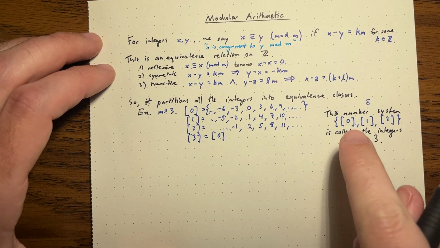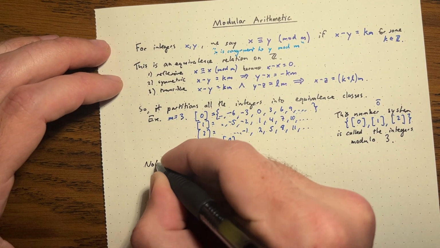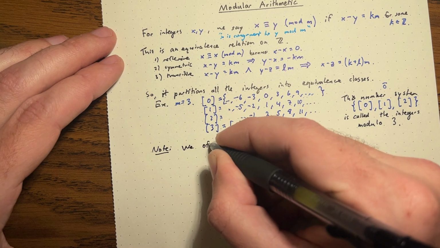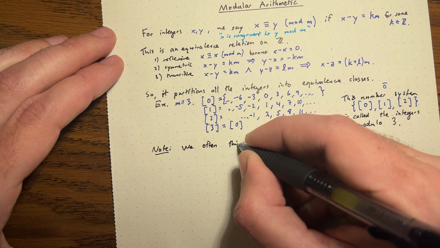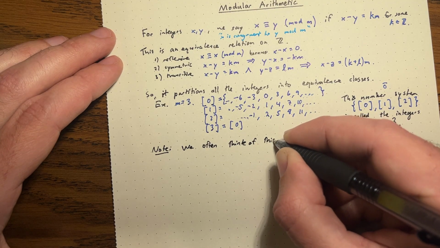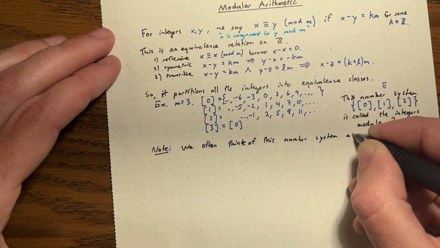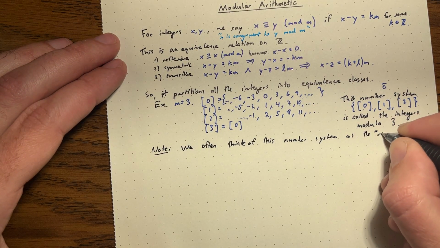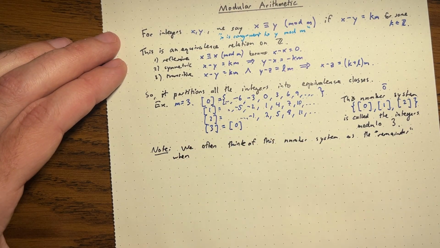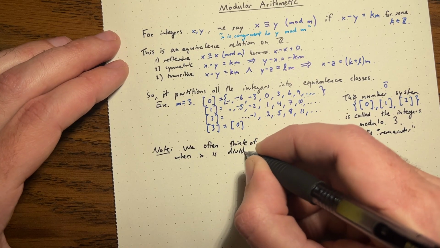I want to point out, though, that people often think about this in a slightly different way. Especially in computer science, we often think about this number system as the remainder you get when a number, let's say x, is divided by 3.